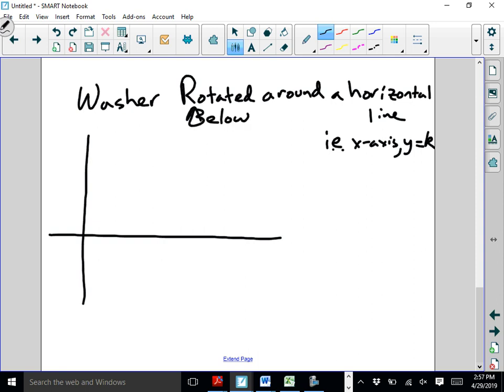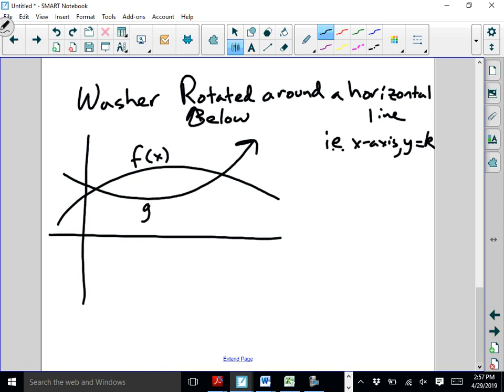Here we have f of x. Here we have g of x. This is the x value A, this is the x value B, for those intersections right here and right here.